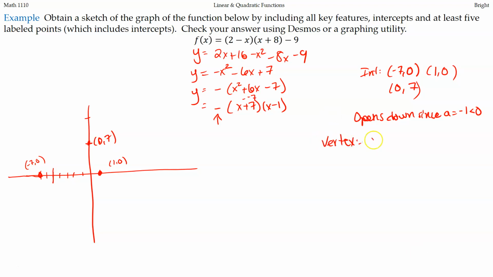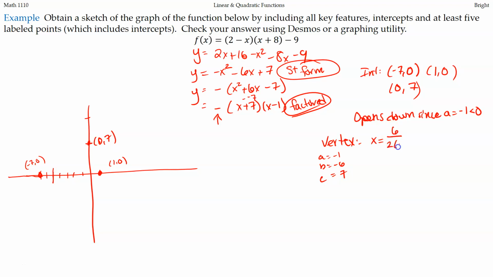Okay? And so this is going to be x is equal to, now this one I had in standard form here, and I had in factored or root form here. I'm going to look at standard form, and in that form, again, a is -1, b is going to be -6, and c is going to be 7. So then if I do negative b over 2a, that's going to be 6 over 2 times -1, which is -3.